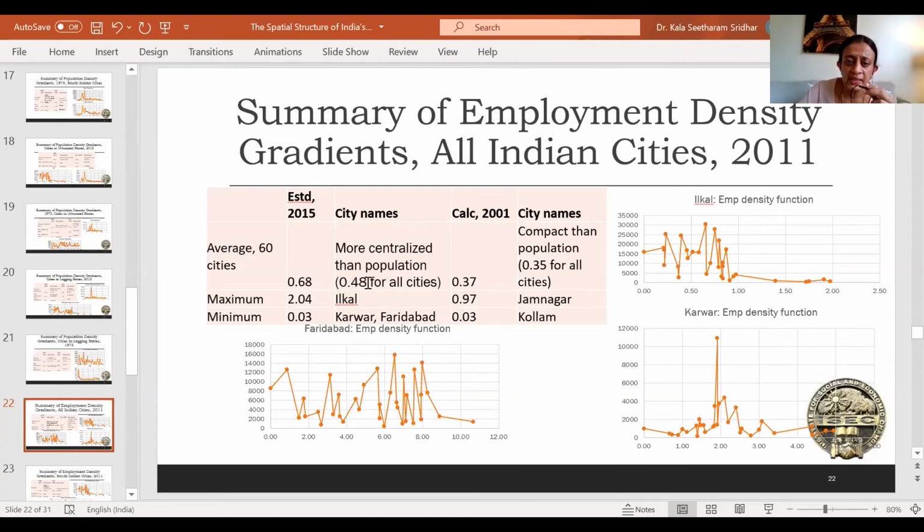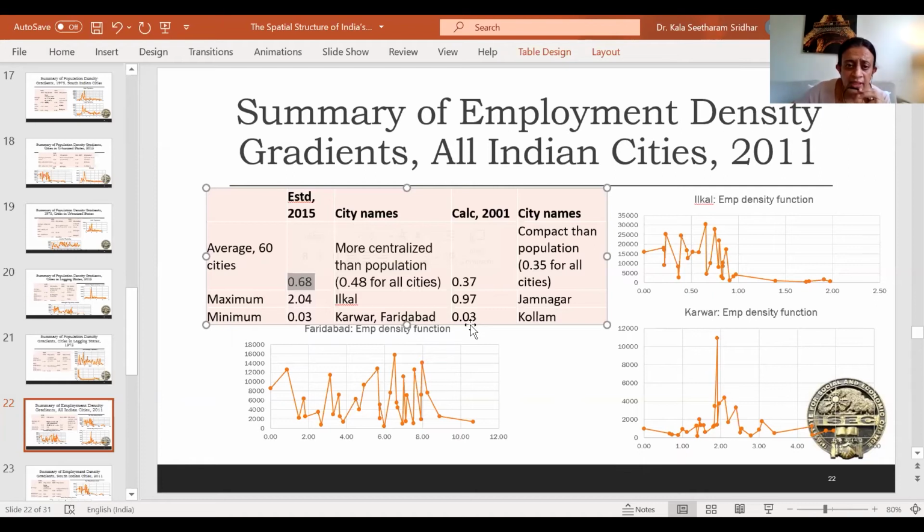This may be seen in the absolute value of the density gradient for population, which is 0.5848, whereas it is 0.68 for job suburbanization. This makes sense, because employment is dependent on the availability of raw material, inputs, talent, proximity to market, and so on, right? So it is dependent on a lot of contingent factors, which is the reason why it's a lot more centralized.